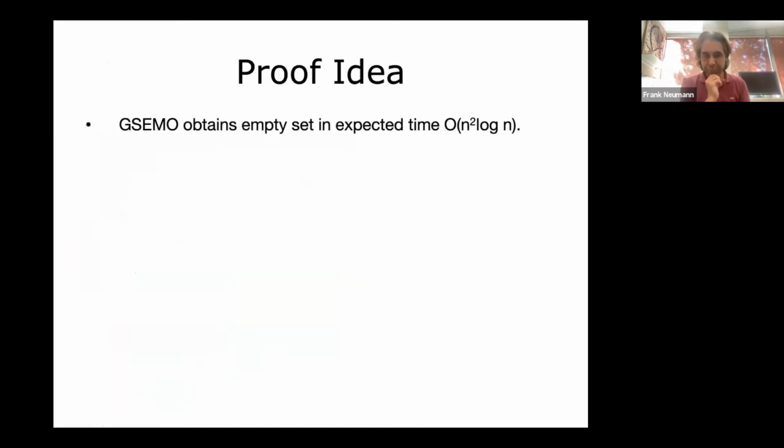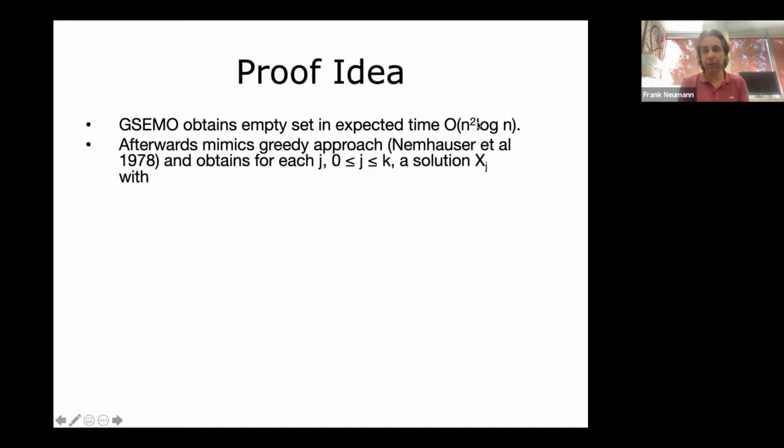Okay, so what you need to fill in is to run with this idea and then figure out what the key steps are that an evolutionary algorithm does. It would give you the empty set as the basis for getting a greedy behavior into your population, and you can bound this by n squared log n. I won't go into the details.